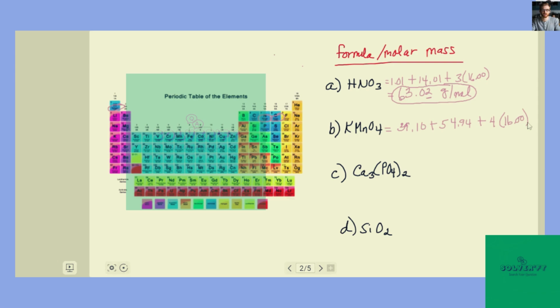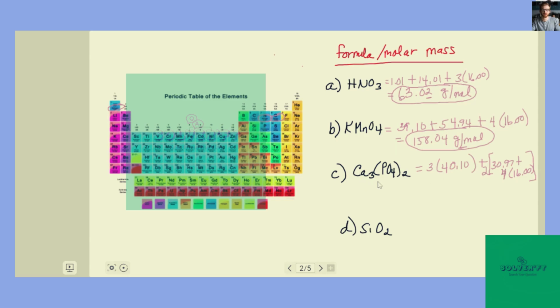So we need to take that 16 grams per mole and multiply it by 4. So let's crunch some numbers here and figure out what the overall molar mass is for potassium permanganate. And so when we add up each of the individual molar masses, we get an overall molar mass for potassium permanganate at 158.04 grams per mole.